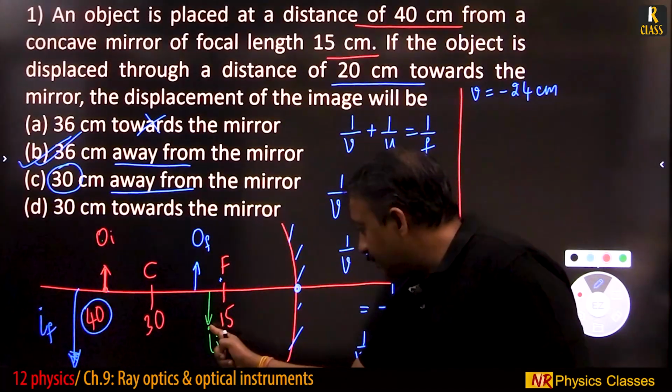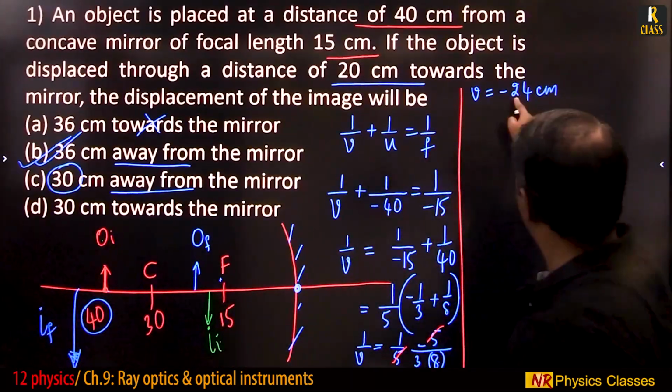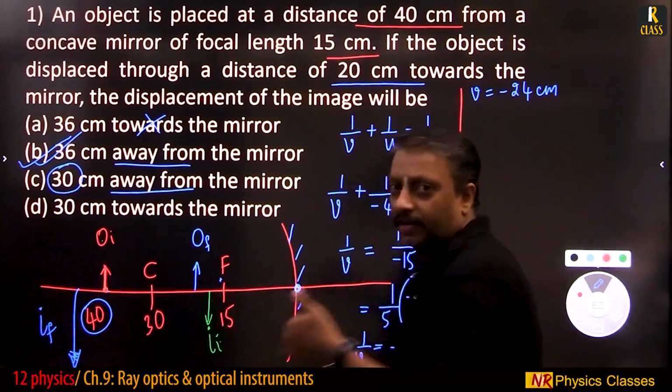This is the image, at a distance of 24 centimeter. Minus means it is to the left.